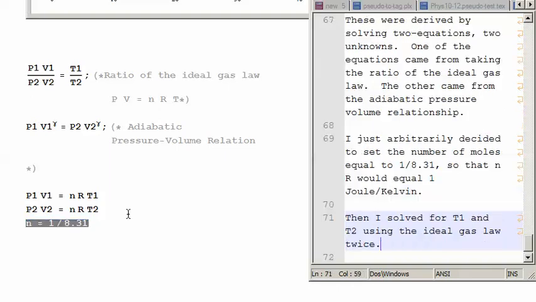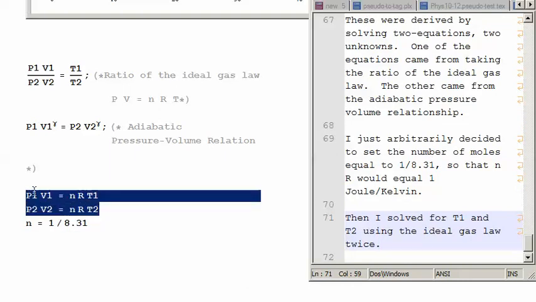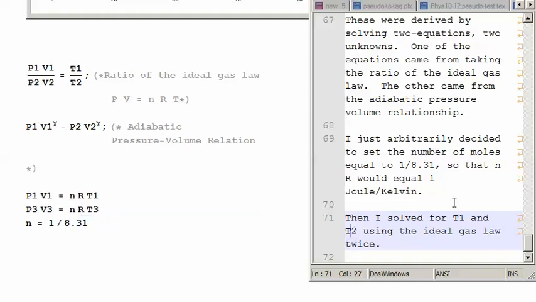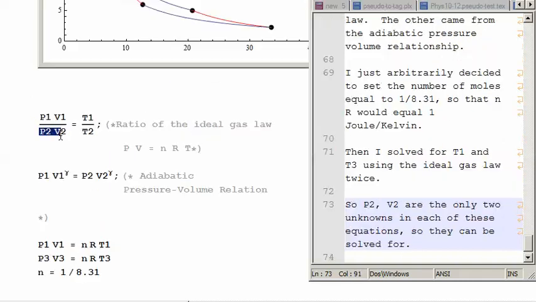Then I solved for T1 and T2 using the ideal gas law twice, knowing P1 V1 and P2 V2. Actually, I solved for T1 and T3. T2 and V2 are the only unknowns in each of these two equations, so they can be solved for.